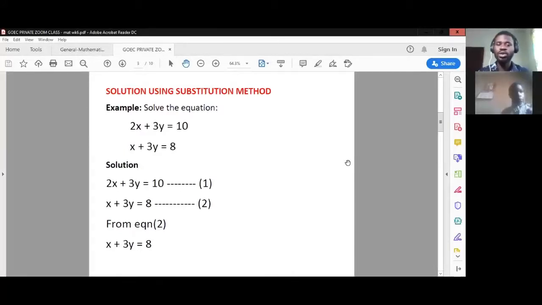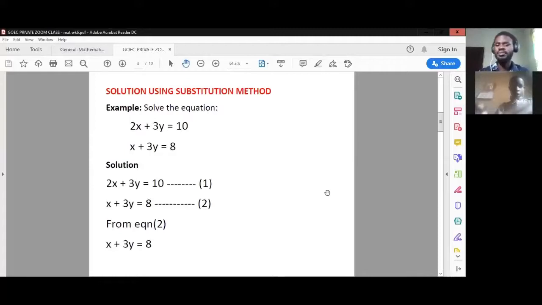We are not looking at all the methods today. So at the end of the day, you will not just be taught all the methods, but you will understand how each method works, and then you can use any method to solve. If you are required to use a particular method, you will also be able to do that. So that is why we are doing what we are doing today.